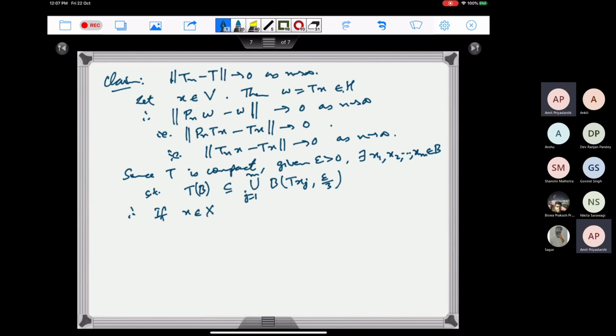So therefore, if x is any element in V such that norm x is less than or equal to 1, then there exists j such that the norm of T of x minus T of xj is less than epsilon by 3.